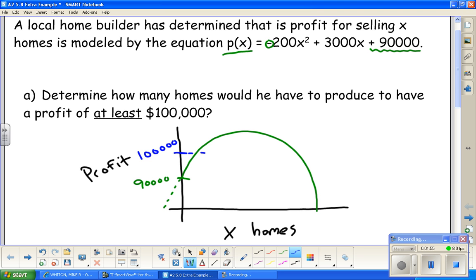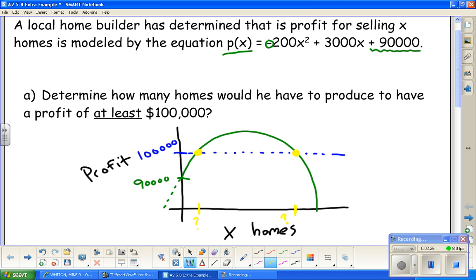If I continue that across, we can see that there is some number of homes, whatever this x value would be down here, where if he sold that many homes, his profit would equal 100,000. Then as we go to the right, profit is above 100,000, but eventually we get to this other point here, and if he goes past that point, his profit would go below 100,000.